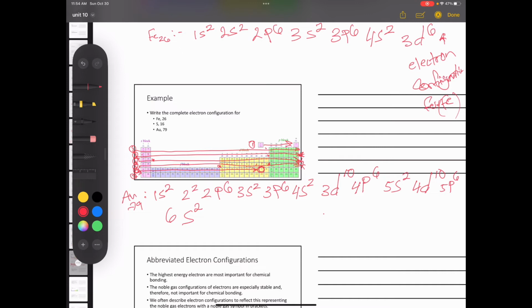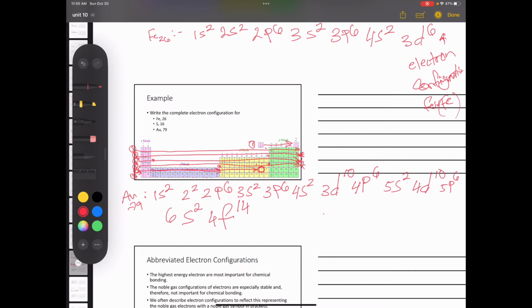Now the f that follows the 6s is going to be the 4f. As long as I'm traveling all the way to the end of the 4f, that makes it 14 electrons. That's the maximum capacity for the f. If you are unsure, you can always count the boxes: 1, 2, 3, 4, 5, 6, 7, 8, 9, 10, 11, 12, 13, and 14.